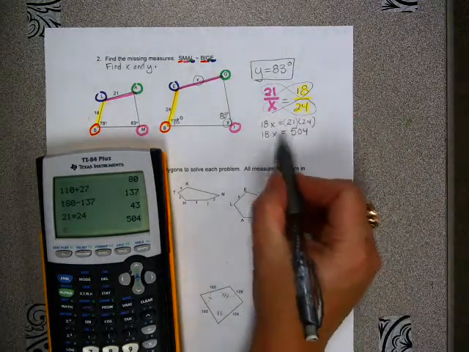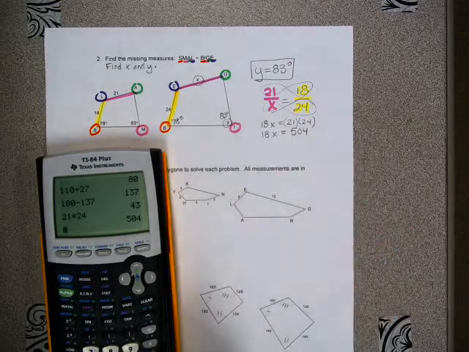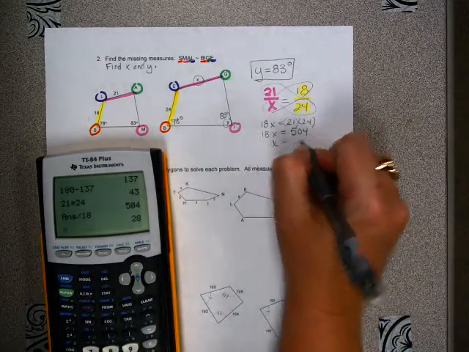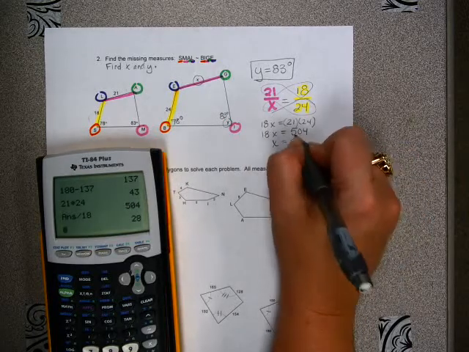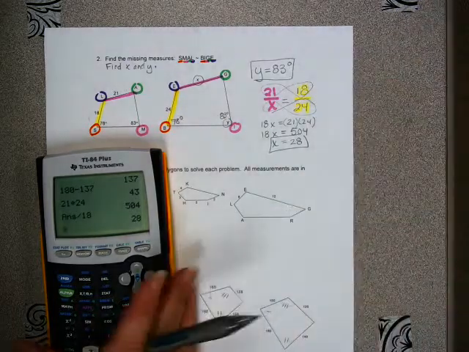Continuing with the algebraic process, I need to divide both sides by 18, and I get x equals 28. So I have found my x, and I found my y.